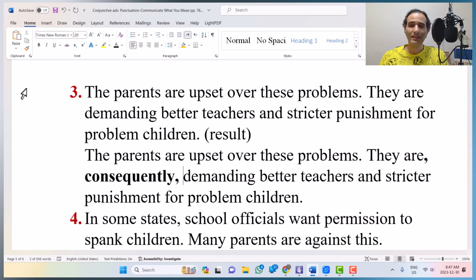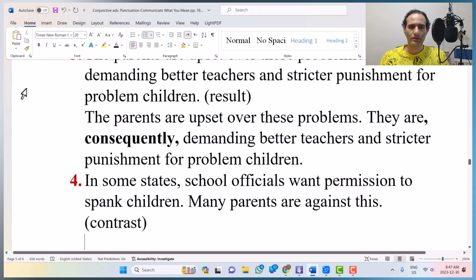They are consequently demanding, want, wish, better teachers and stricter punishment for problem children. Problem children is a beautiful chunk. Strict punishment could be useful for you, and demanding is also useful.